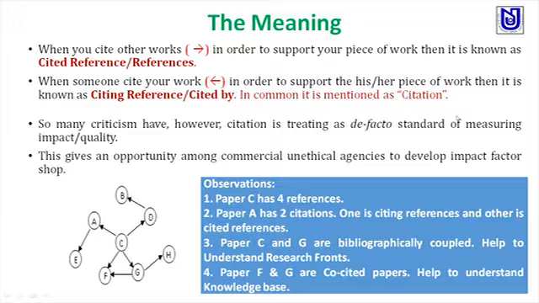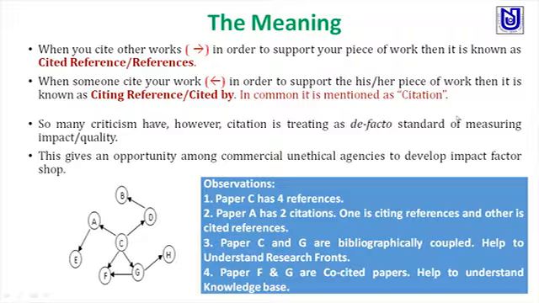Now there are endless criticisms, but fortunately this citation, that is, the recognition a published paper receives from other papers, is assumed to be a de facto standard for measuring quality. So it is very important to understand which pieces of citation are considered a de facto standard.